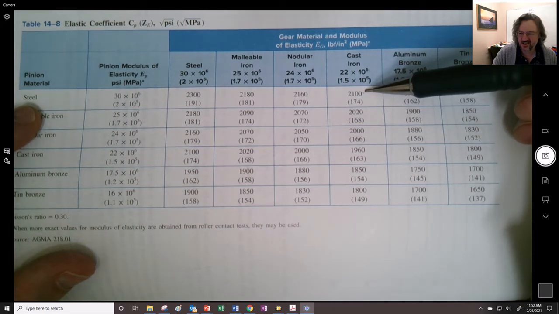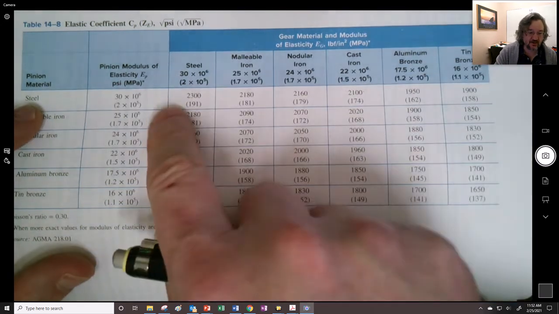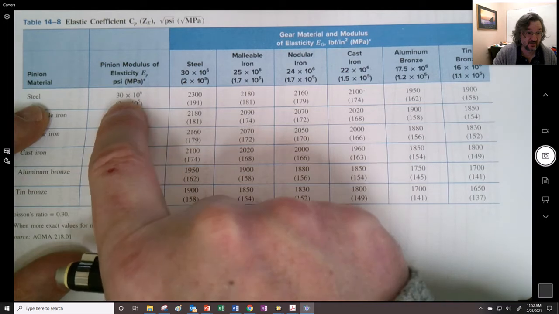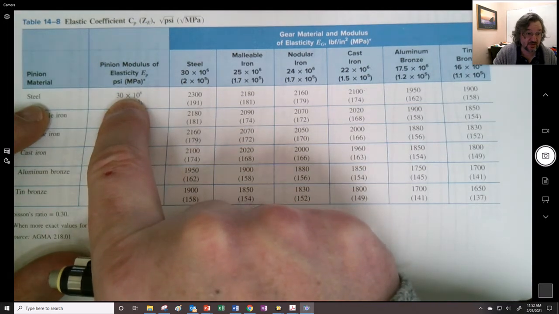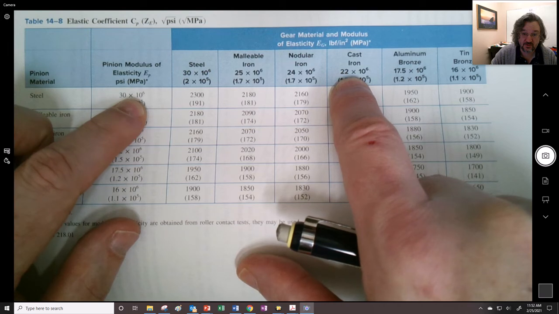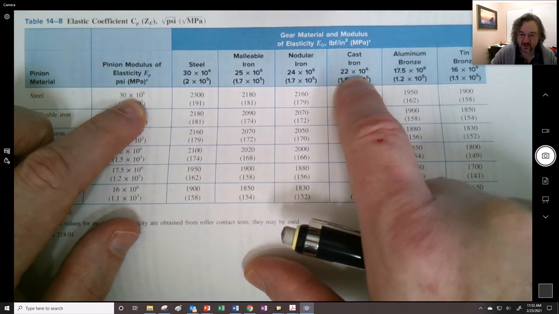On an exam, I say go to this table right here and just pick out the steel, and you'll notice that we have steel versus steel, so we'll use this one a lot. But notice what they've used as part of this right here. They used the 30 million and they used the 22 million.